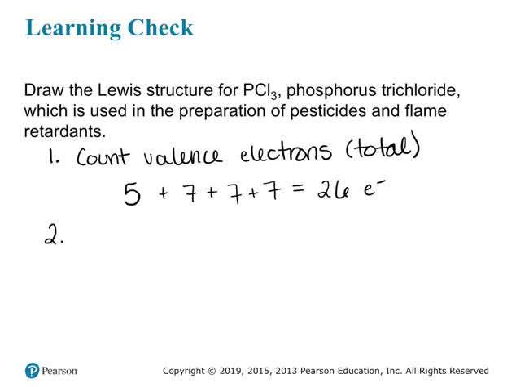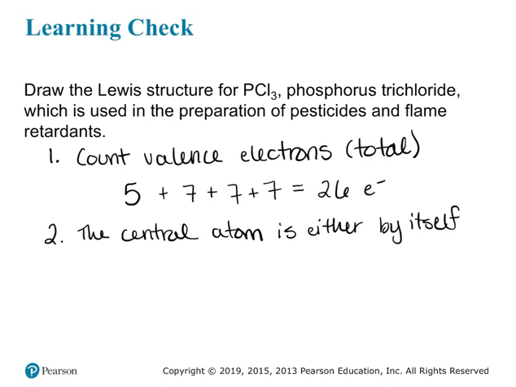So now 2, we're going to figure out which atom goes in the middle. So typically the atom that goes in the middle is by itself or forms the most bonds. So the central atom is either by itself or forms the most bonds.